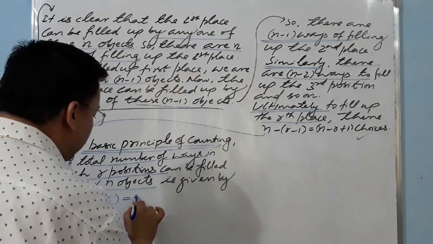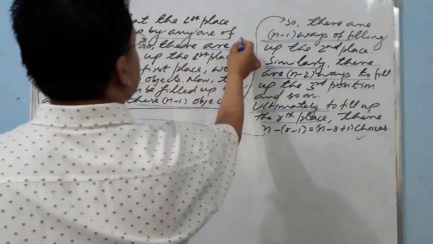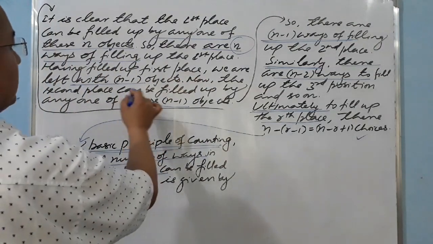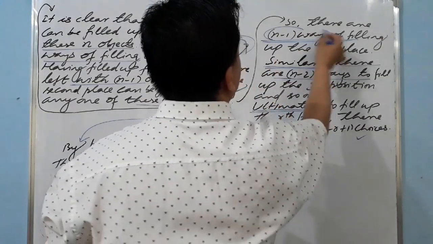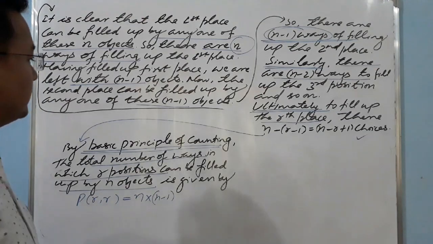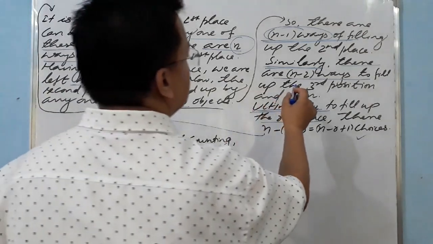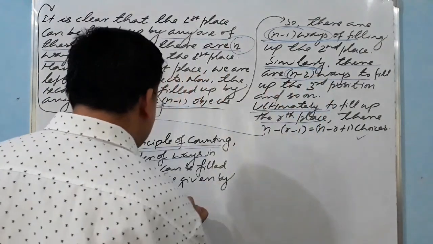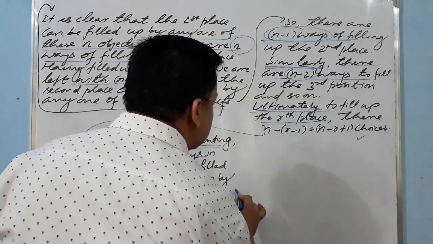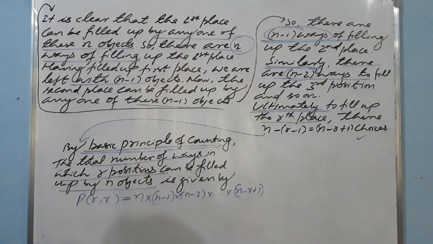There are n ways, times n minus 1 for the second, and n minus 2 ways for the third. According to the basic principle of counting, we multiply the different ways: n times (n minus 1) times (n minus 2) times dot dot times (n minus r plus 1). The theorem is finished.